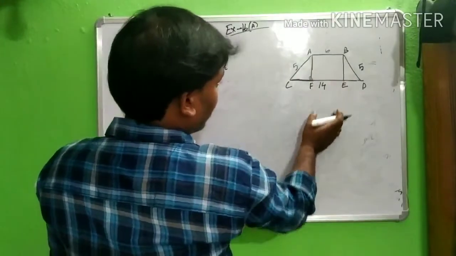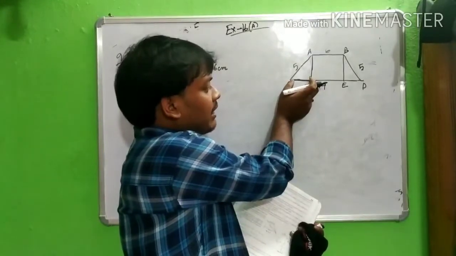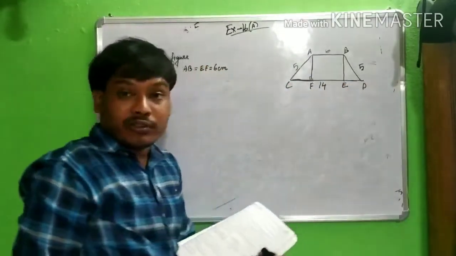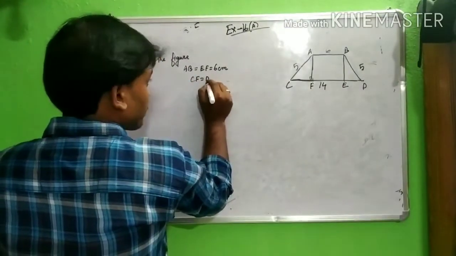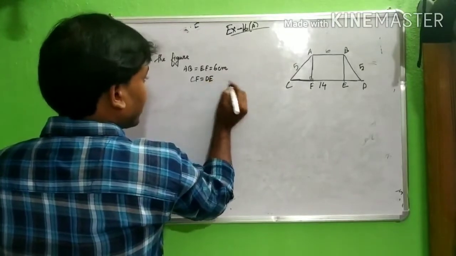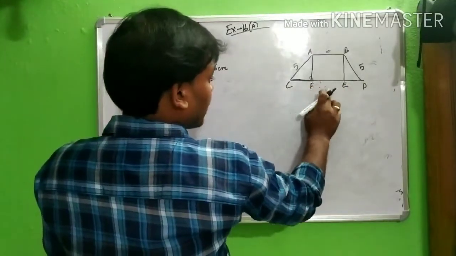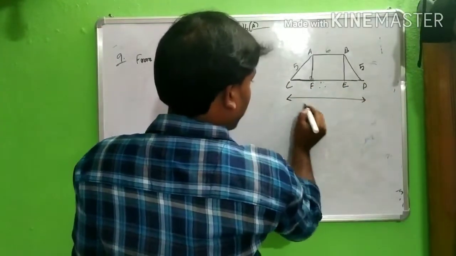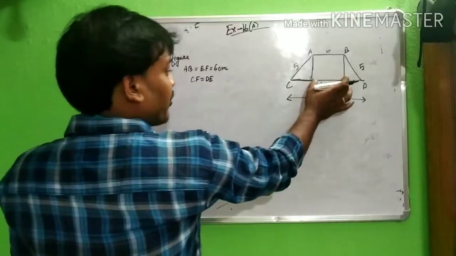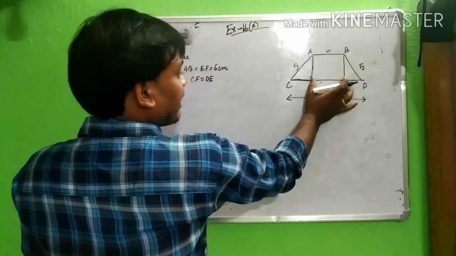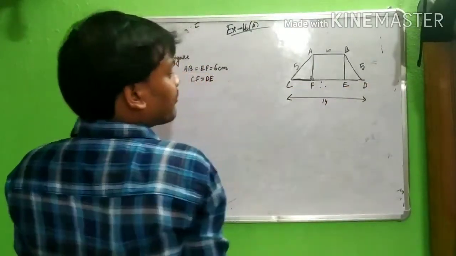These two are parallel. Since it is an isosceles trapezium, the values of CF and DE are also equal. So CF equal to DE. These two values are equal, and the total value is 14. So if we subtract this value, then only CF and DE is left.